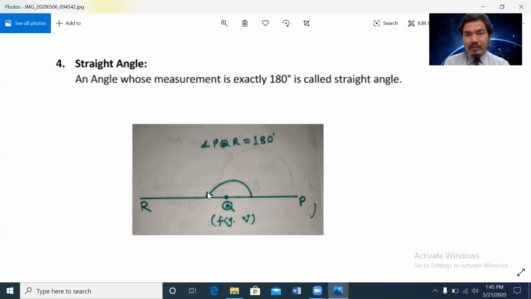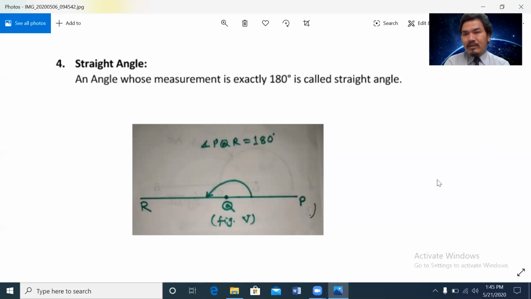Look here, this figure is the figure of a straight angle, angle PQR. Its measurement is 180 degree, that's why it is a straight angle.